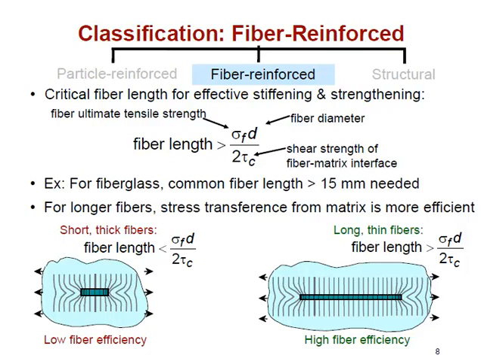And there's actually a critical length. You can see here the equation for that that allows you the most efficient utilization of the strength of that fiber. So basically that critical fiber length formula that you see sort of near the top middle of the diagram basically ratios the interfacial strength of the fiber to matrix interface to the actual tensile strength of the fiber.